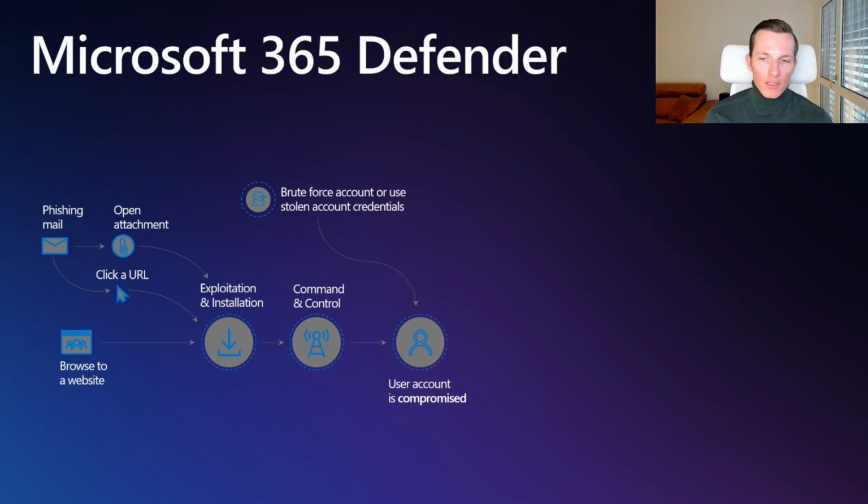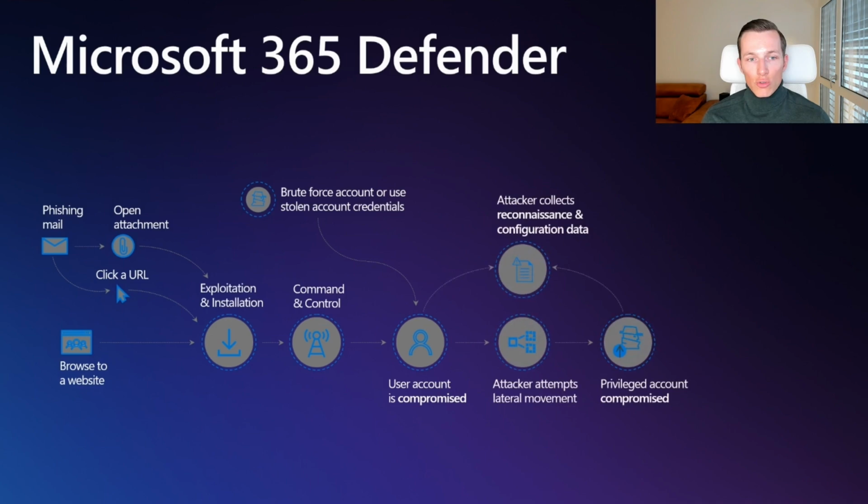Now, as soon as patient zero is compromised, we see very typical activities happening. Activities where the attacker is going to conduct reconnaissance and try to find an identity with more permissions. And if you're really out of luck, this could be a domain administrator, which would mean that your domain is fully compromised and that the attacker can do whatever he or she wants.